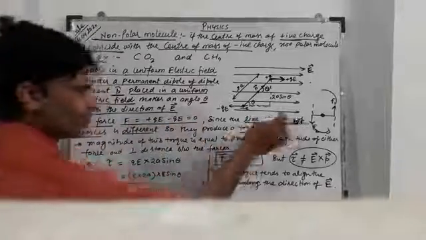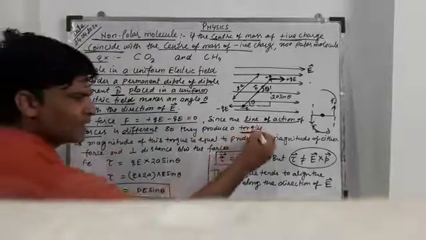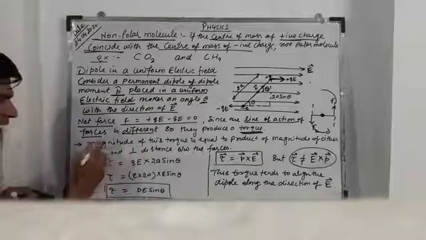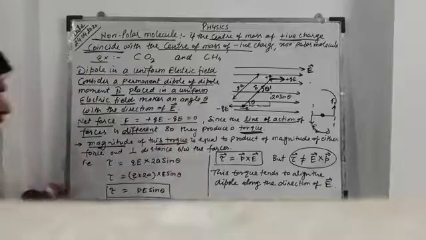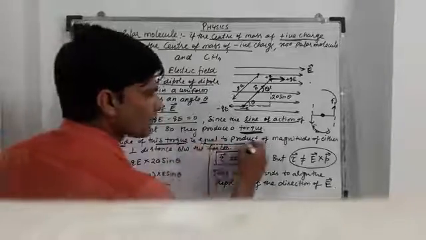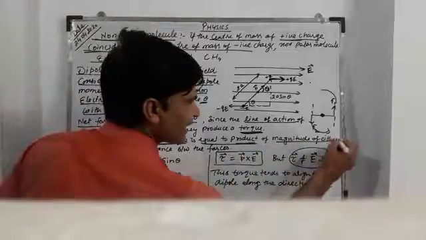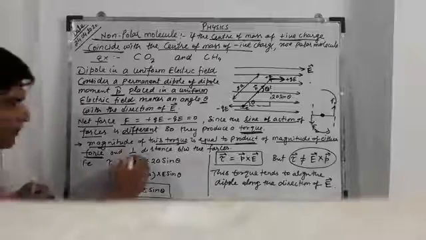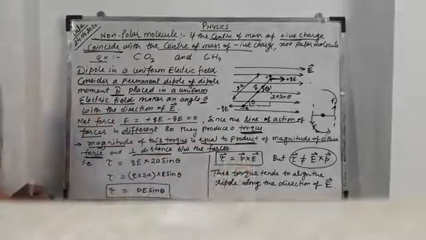But the line of action is different, so they produce a torque. The magnitude of this torque is equal to the product of the magnitude of either force and the perpendicular distance between the forces.